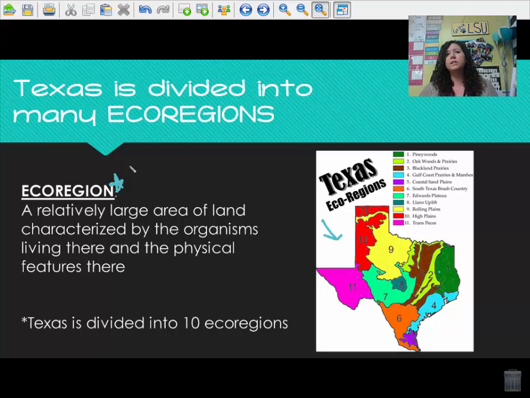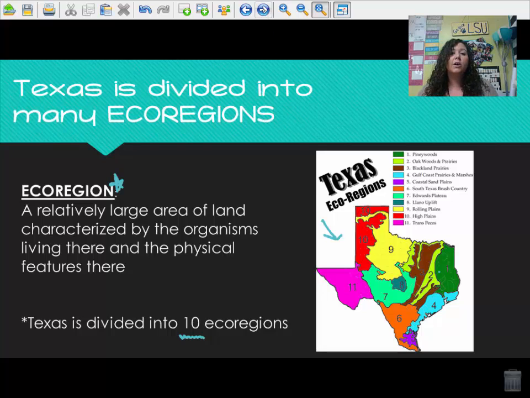What I mean by physical features is, is it flat plains? Are there mountains? Are there canyons? Are there deltas? Are there beaches? Based on those physical features as well as the organisms that live there, that's how they determine these 10 ecoregions. So it's important to know what an ecoregion is and that Texas has 10.